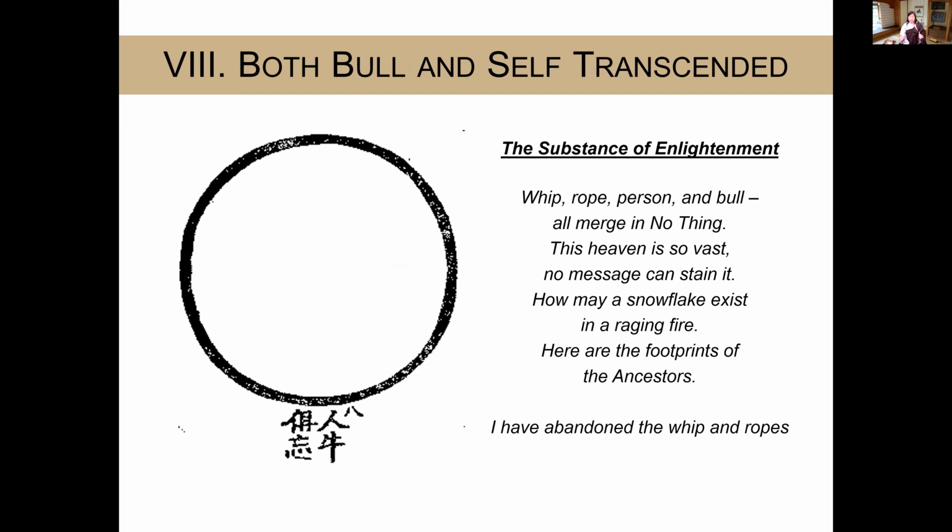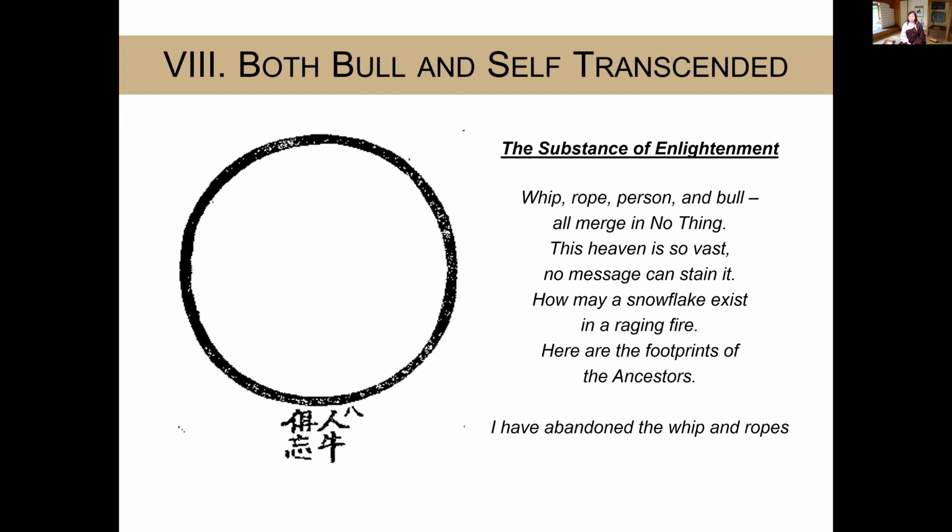The next three pictures actually describe the essence of enlightenment. The first one being both the bowl and itself transcended. You've got the famous emptiness picture that you see a lot associated with Zen. Well, what does that really describe?